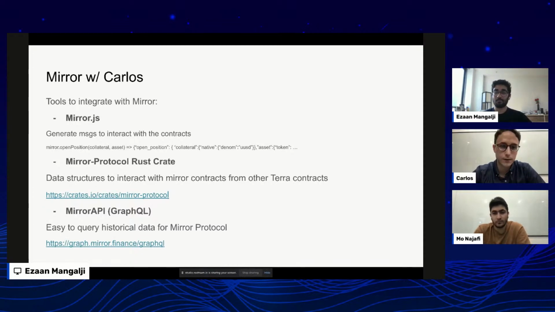We also have the Mirror API, a GraphQL interface that gives Mirror-related historical data. You can test it out at this URL. It can be very helpful for graphics or data analysis.